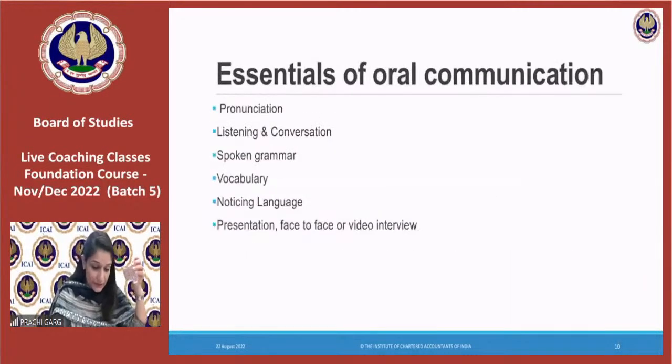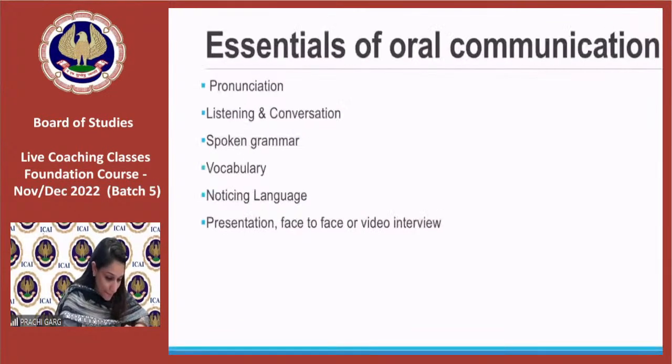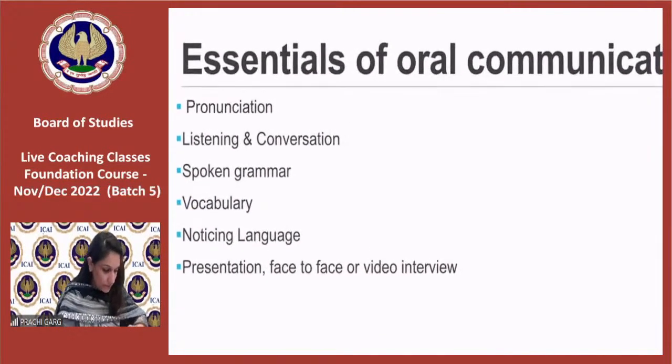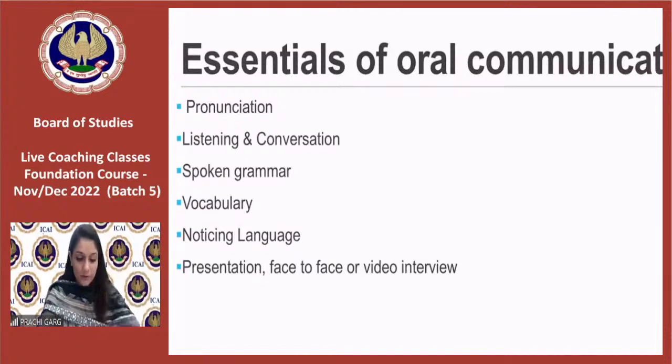All right, next are the essentials of oral communication. The first thing is pronunciation. There's a very interesting line given in your study material. It says, grammar without pronunciation is like food without taste.